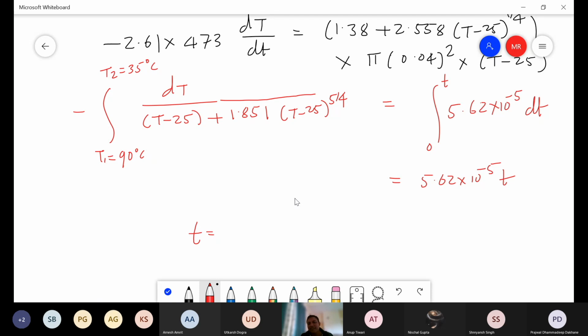Is anyone calculating? So 0.36. 0.36 what? It's not the correct answer. What you are expected to get is 6484 seconds. Check whether you are getting this or not. This is what you are expected to get.